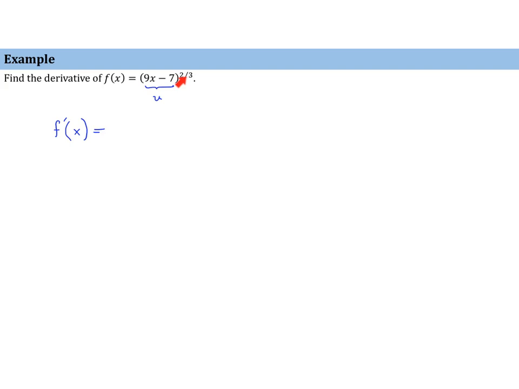We will lower that exponent by 1. So 2/3 comes in front. We're ignoring this 9x minus 7 for a moment. It's just a function of x. Then I lower the power by 1. But again, this was a composite function. So 9x minus 7, I have to take the derivative of the inside. Since there's an inside function, I follow it up with its derivative.